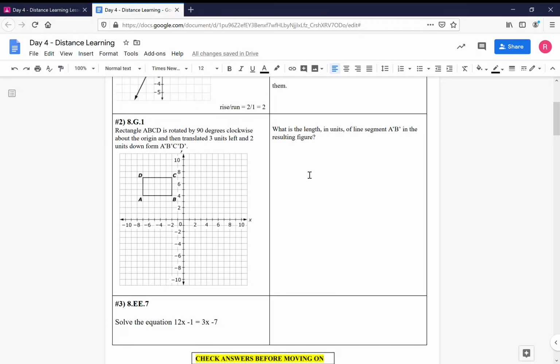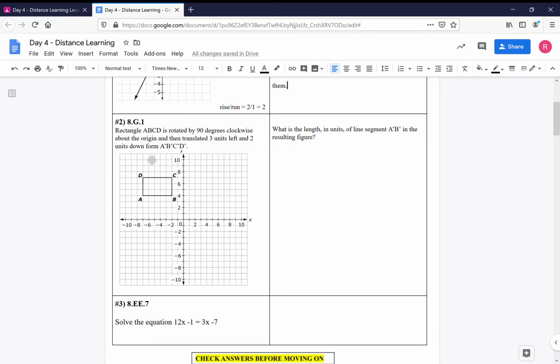If you remembered, dilations are the only transformation that changes the size of the shape. So was there any dilation performed? If not, then the size of the shape would stay the same. So A prime B prime should be the same as AB, which is here.